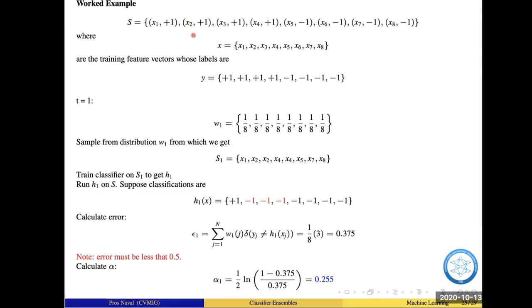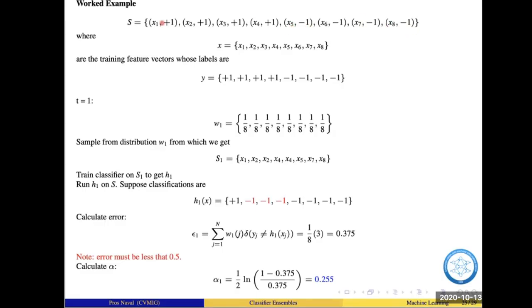For x2, another document perhaps. Again, the label is 1, which probably means spam, and so on. So you have the first 4 examples, and you notice that they're all +1, and then the next 4 are -1.